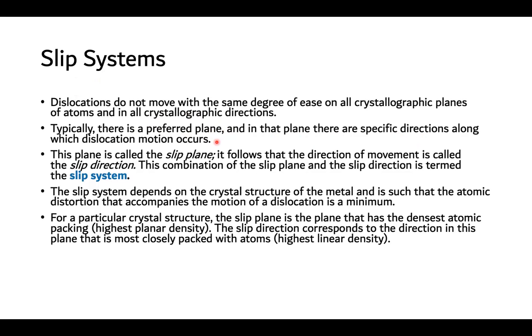The plane that is preferred for the dislocation to move on is called the slip plane, and it will follow a direction which is called the slip direction. The combination of the slip plane and the slip direction is termed a slip system.